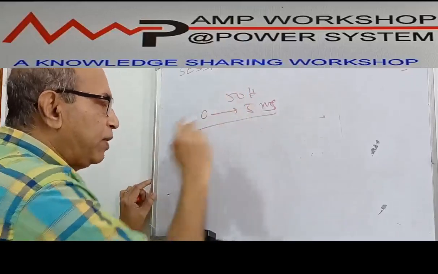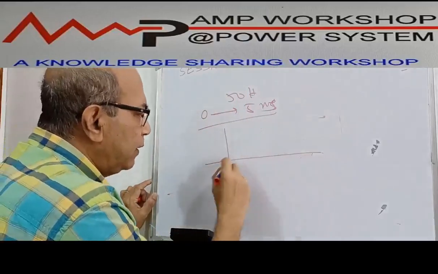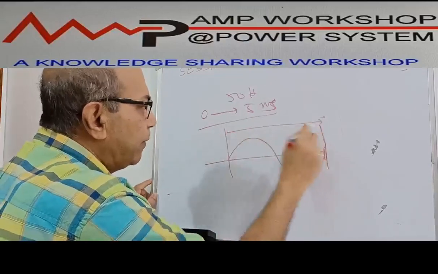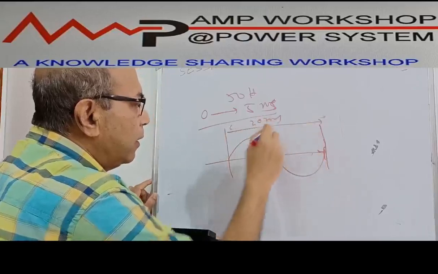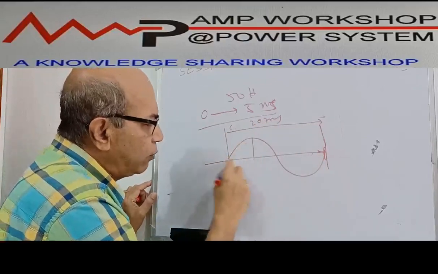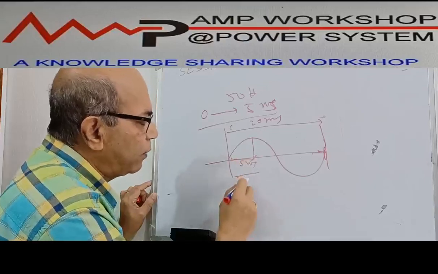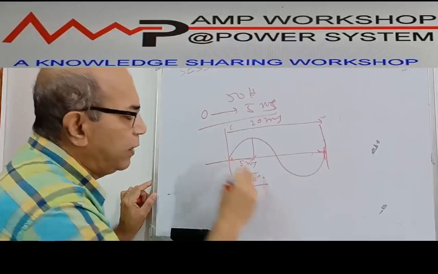This is your one cycle, equal to 20 millisecond. So it can vary from this to this, which in time frame is 5 millisecond, and in phase form is equal to 90 degrees. How do we get this 90 degrees?